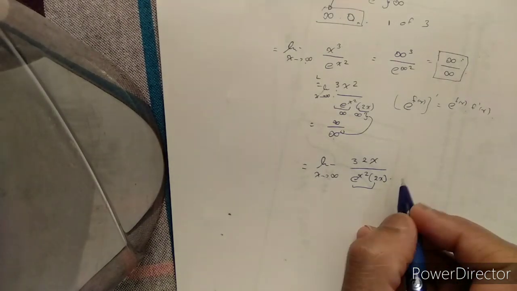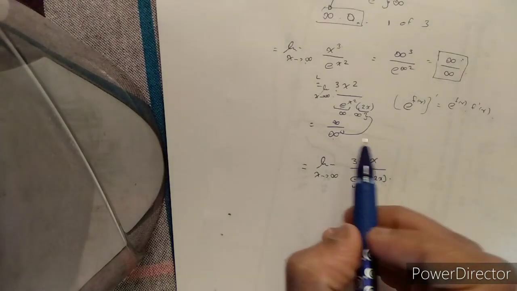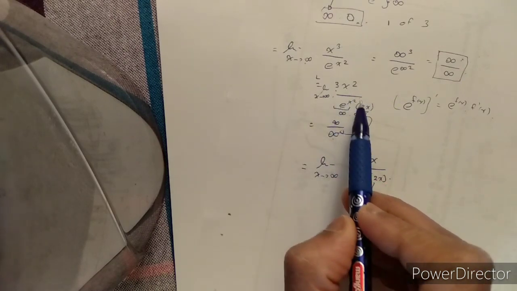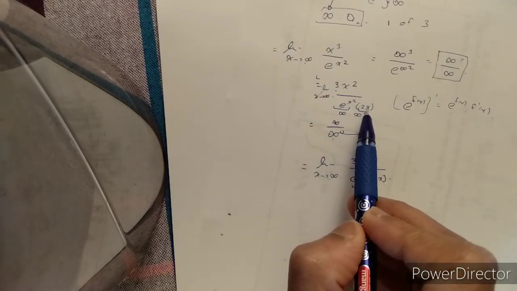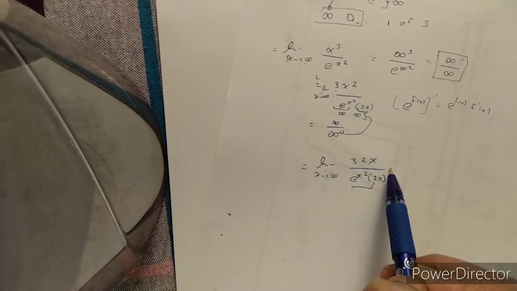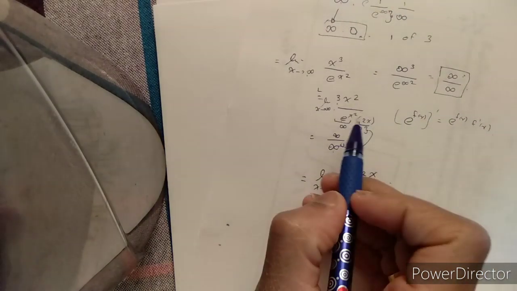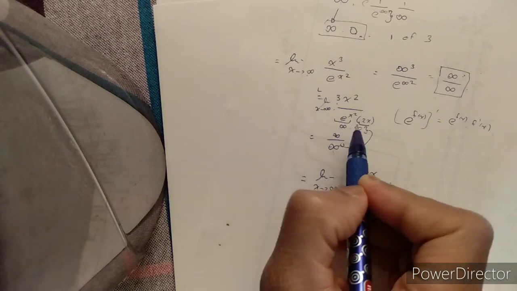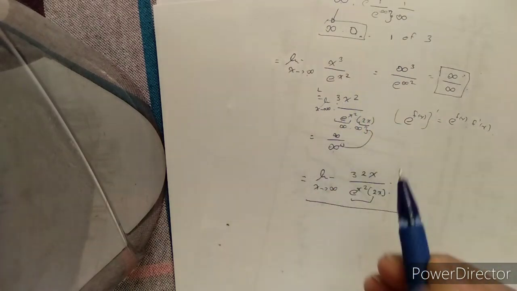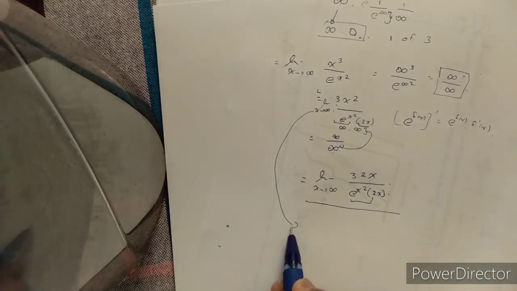Okay, I could have simplified these two terms in the beginning. So I start from the second stage. In the second stage, we can do some more simplification before applying L'Hopital's rule one more time.